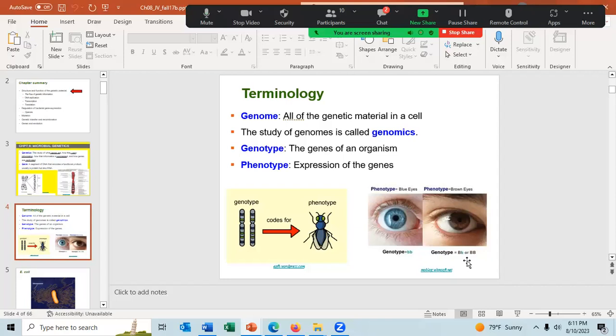In polygenetics or complex genetics, this simple relationship does not happen.